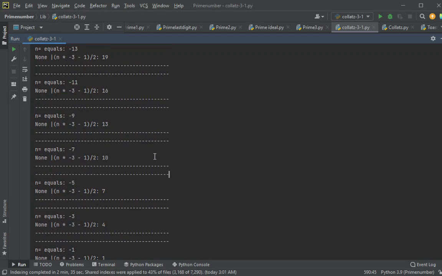So that's all that's happening in that. And so instead of making the Collatz conjecture simpler, I've made it more complicated.